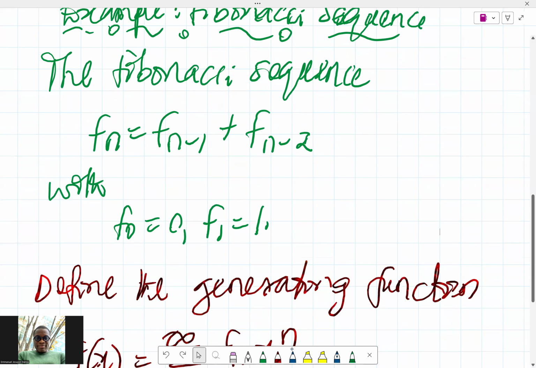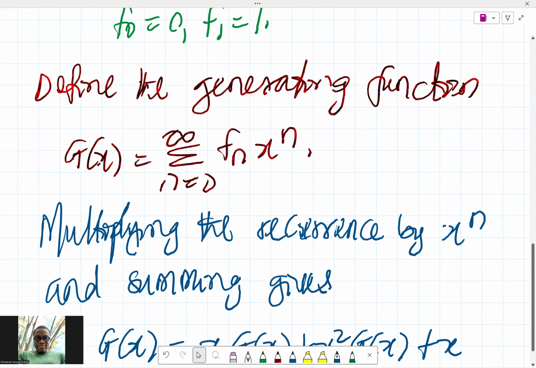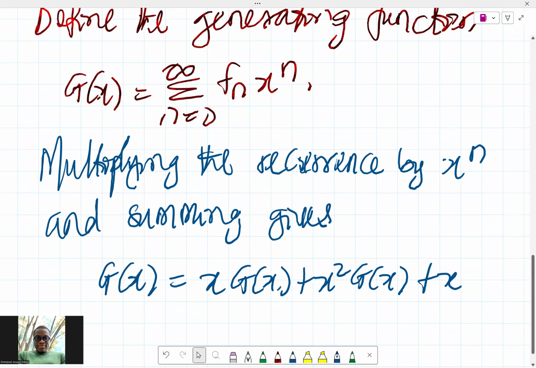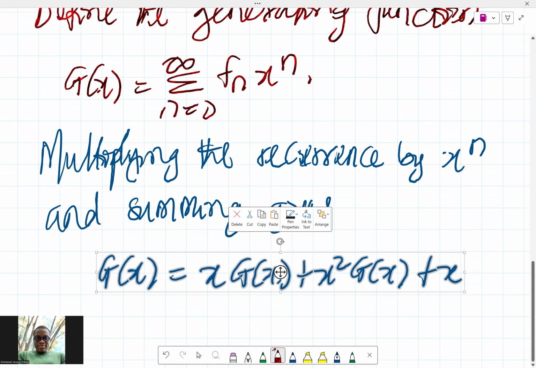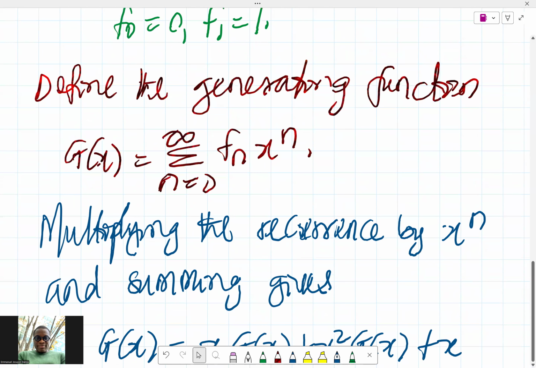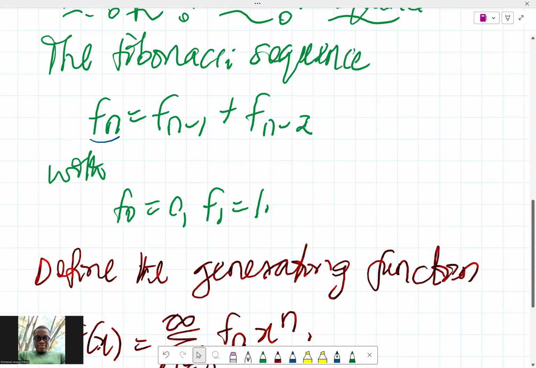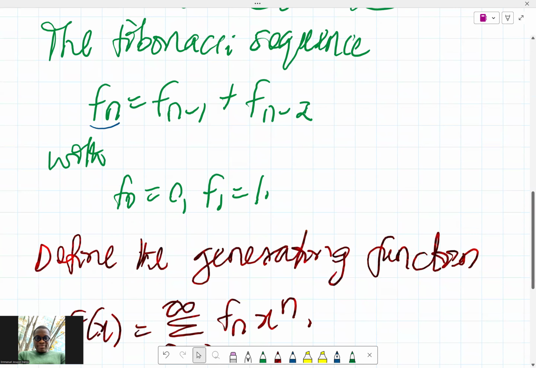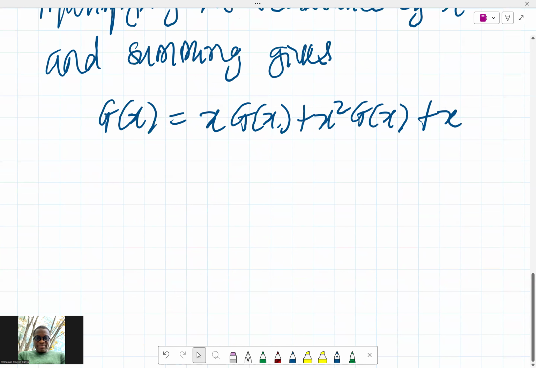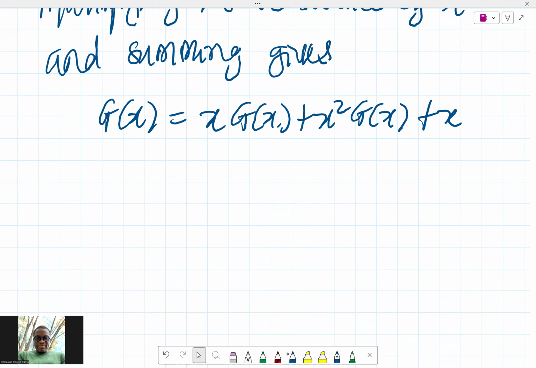If you multiply this by x to the n and do the summing, you get g of x here. Then for Fn minus 1, you have x g of x, and for Fn minus 2, you have x squared g of x, and then finally plus x. Here, our focus is on getting the g of x out.